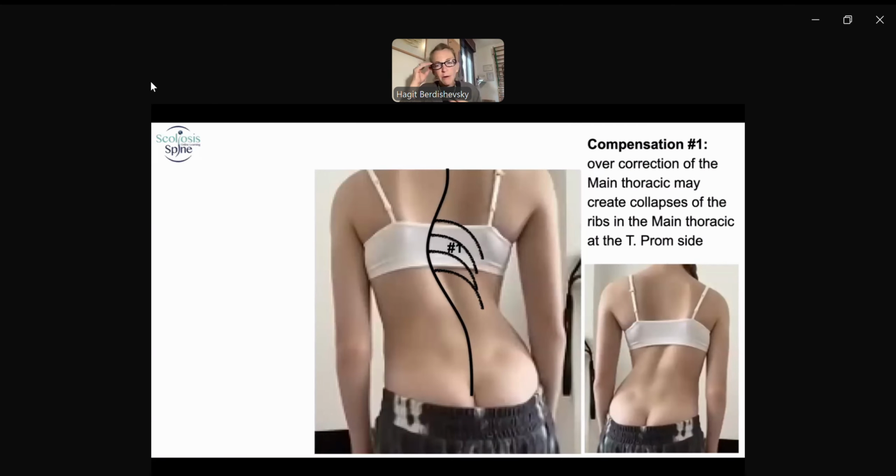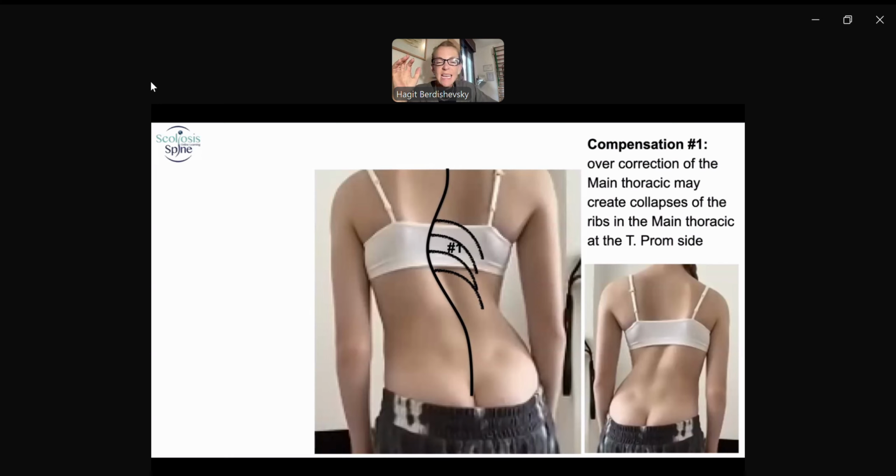So common compensation number one that we see, this is not inactive, but let's say imagine she was even active and then increasing her correction from the right to the left during muscle activation when I demand more expansion of the concavity, thoracic concavity.